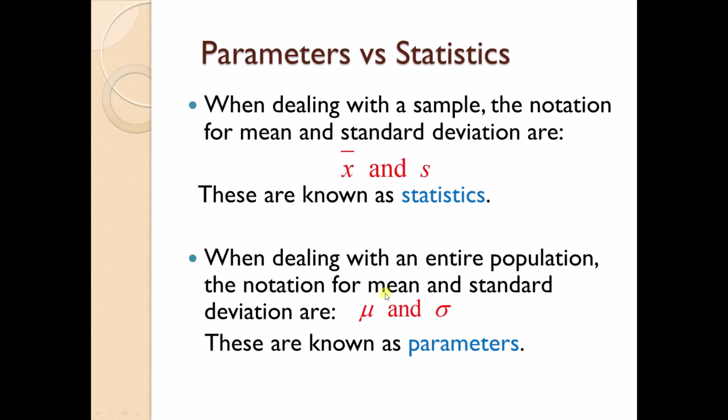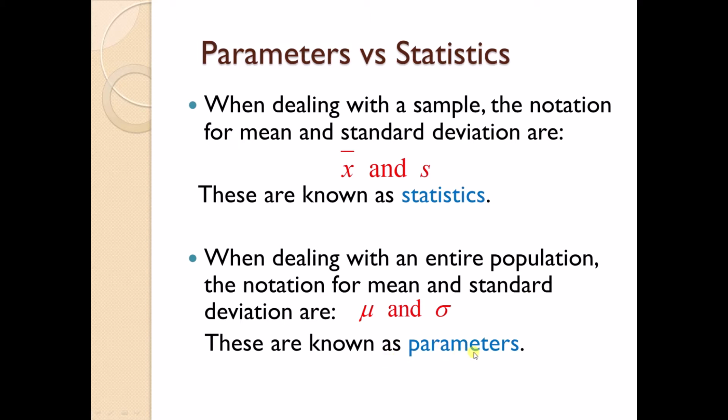So mu and sigma: mu is the population mean, which we would estimate with X bar, and S, the standard deviation from our sample, would be used to estimate sigma, the true spread in the population. So those values are parameters. Parameters, P for parameter, P for population. Statistics, S for statistics, S for samples. Good way to remember it.